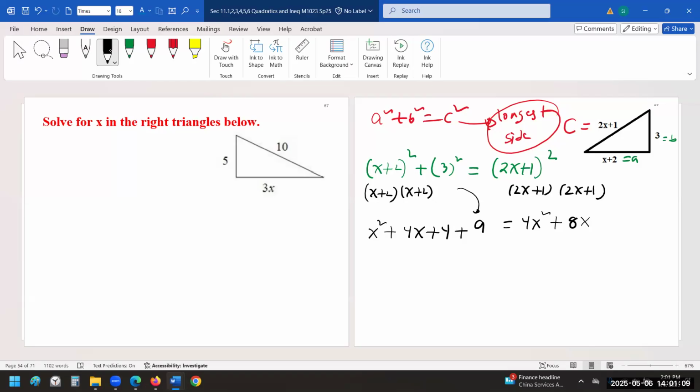So not 8x. Correct. That's why we got something weird in the morning class. 2 times 2 is 4. So 4x squared plus 4x plus 1. Oh, man. Okay. So this gives us 13, we know.